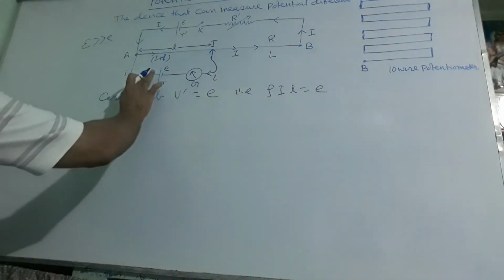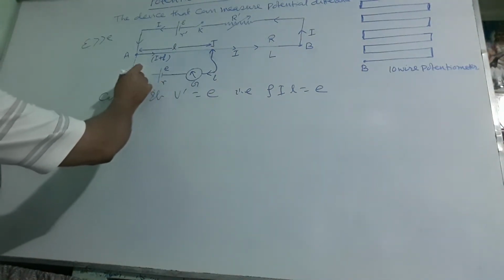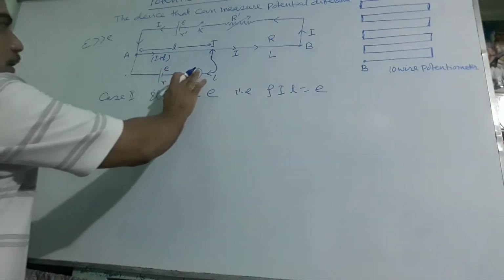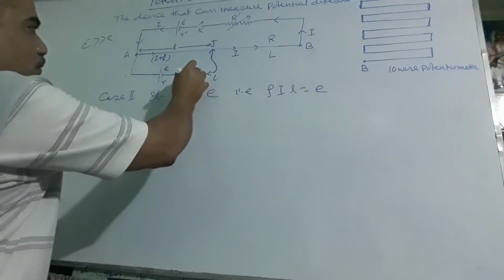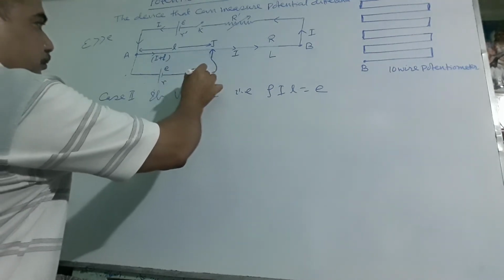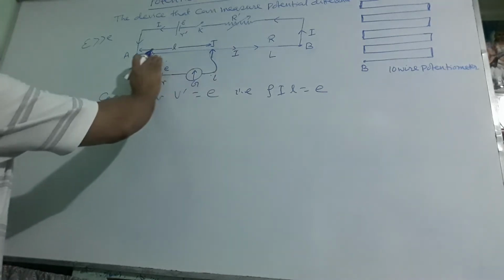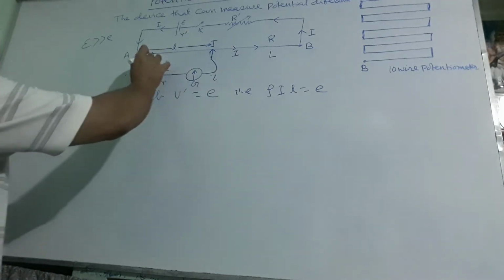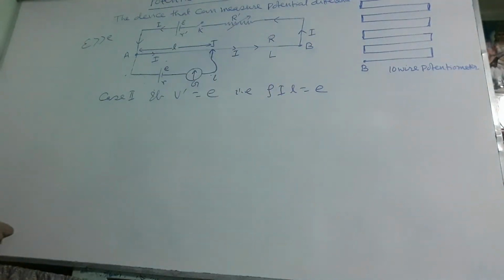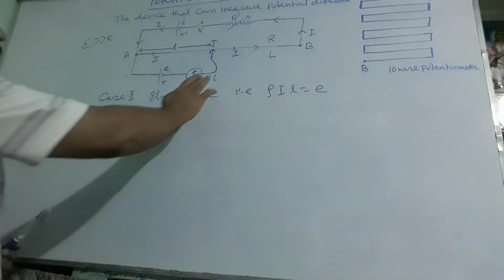So no current will pass through this, and the galvanometer will show straight like this. Here also the same current I will pass, everywhere there will be current passing, but here no current will pass.